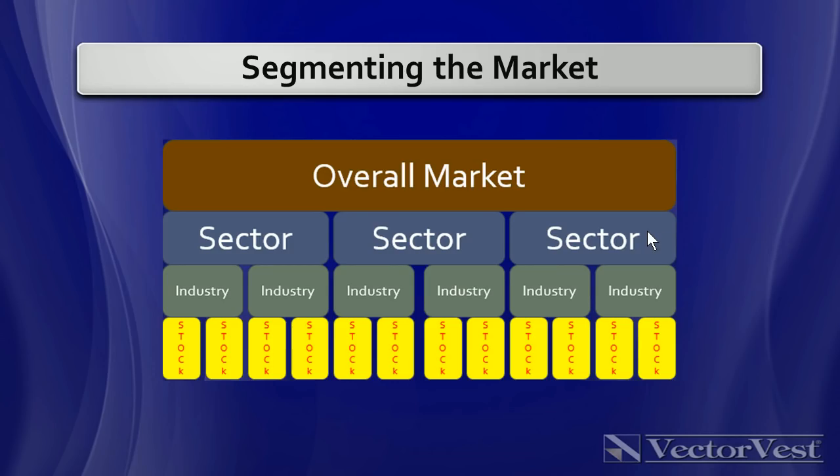Each sector is then made up of several industries where we have a more narrowly focused grouping of those businesses. We currently have 222 industries within the database, and then each of those industries is made up of the component stocks.